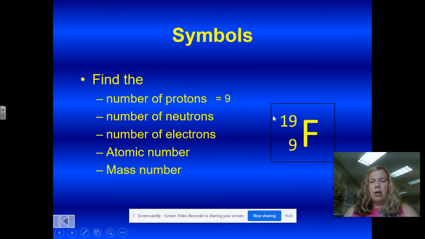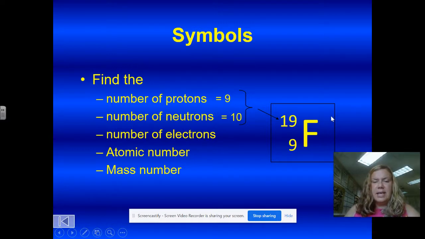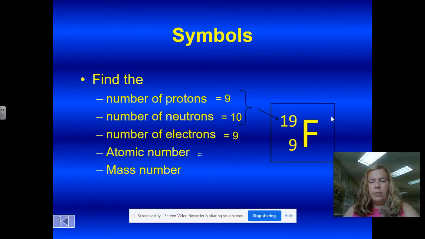We're going to find our mass number, and we're going to subtract our atomic number from it, because remember, the number of protons plus neutrons equals your mass number. So we have 10 neutrons. The number of electrons, notice there are no indications of an ion here. So the number of electrons, this being a neutral atom, is the same as the number of protons, which is 9. And therefore we have our atomic number is 9 and our mass number is 19.